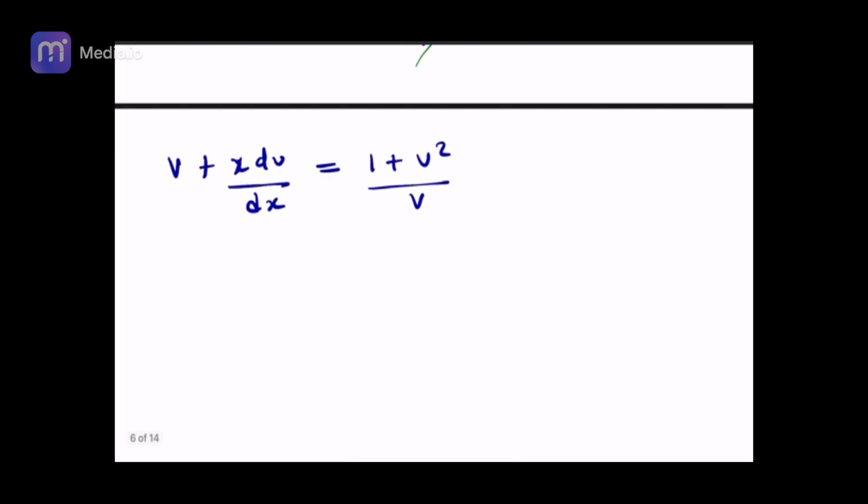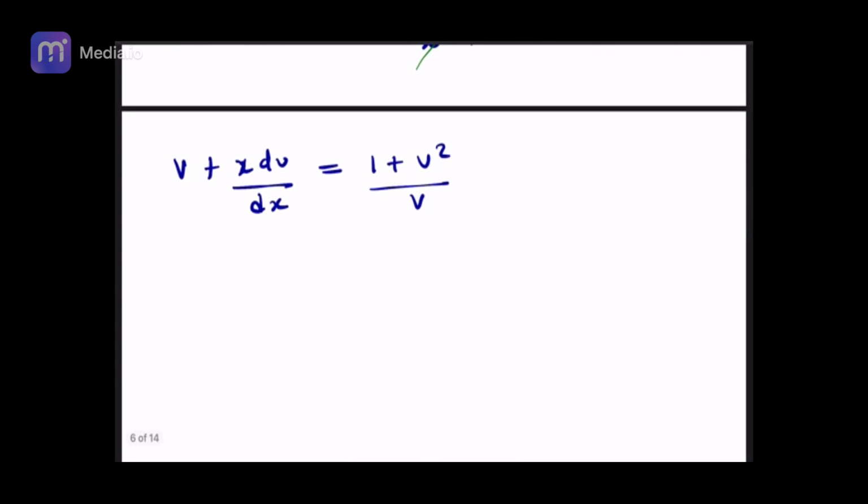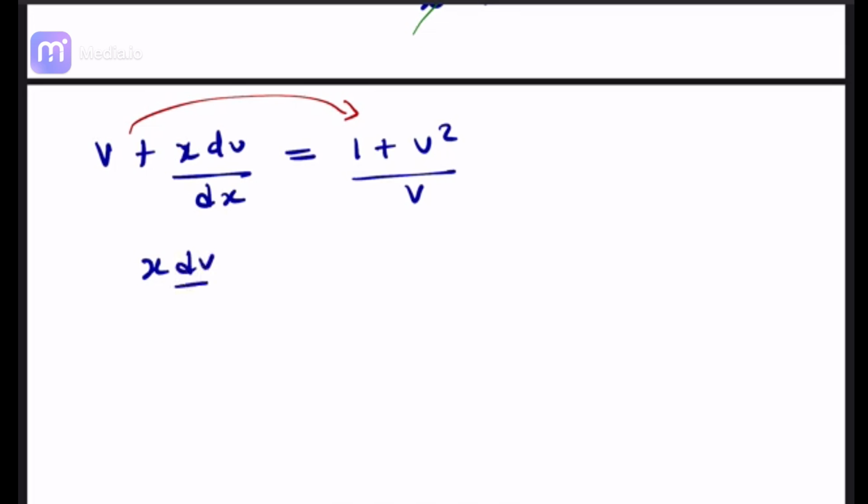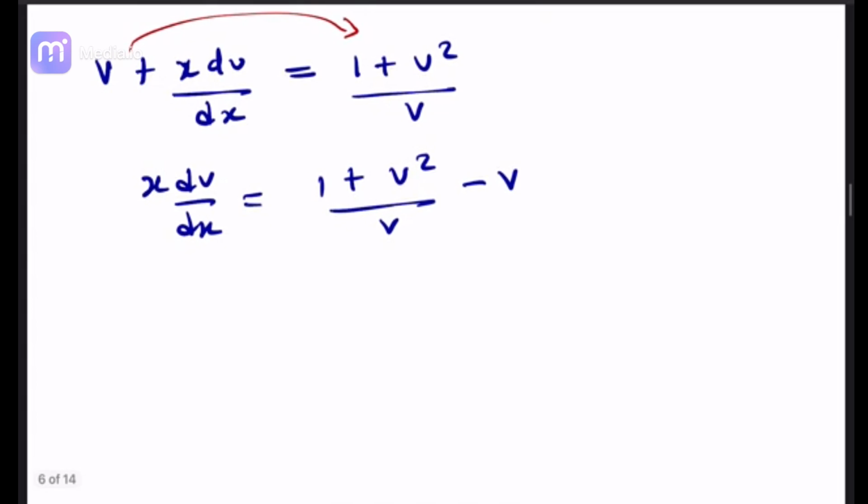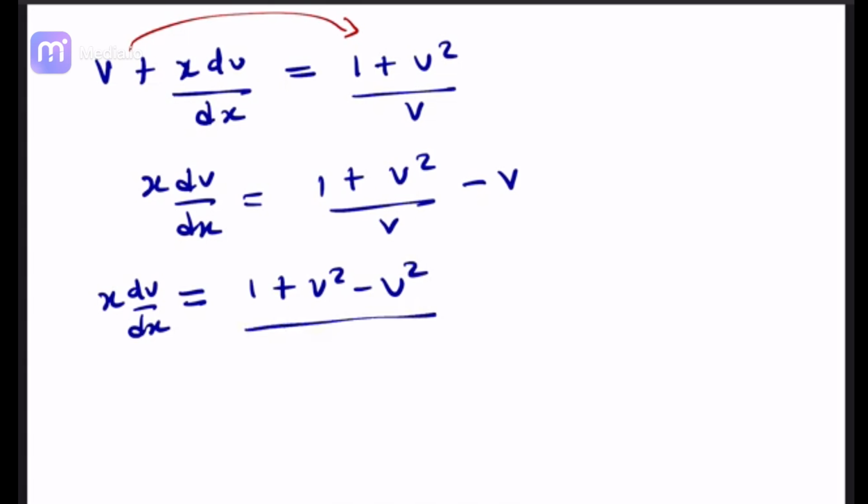So I can simply write this as, I can take this v to this side, so that I would have x dv/dx is equal to (1 plus v squared) over v minus v. So this in result would give us x dv/dx is equal to (1 plus v squared minus v squared) all over v, which is equal to 1 over v.